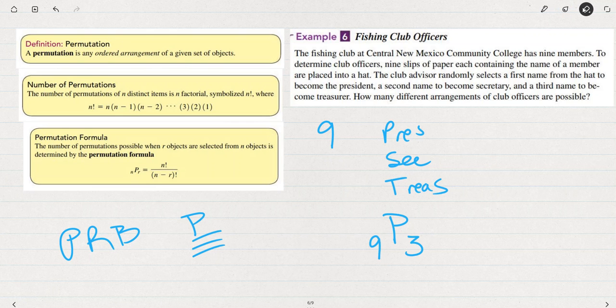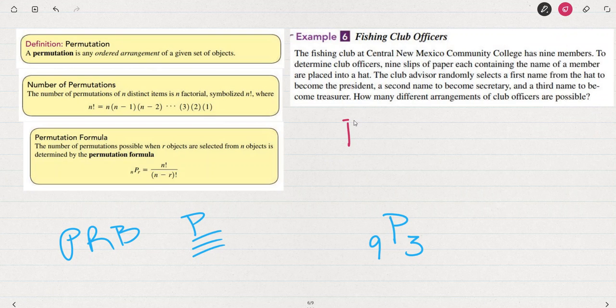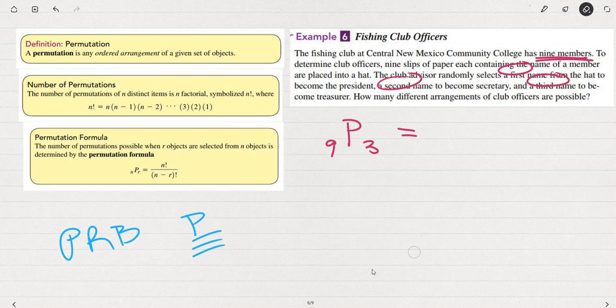So we could read this as a permutation of 9 items chosen 3 at a time, because we've got 1, 2, 3 names. So the first step to understanding this problem is being able to interpret it as being a permutation of 9 items chosen 3 at a time.